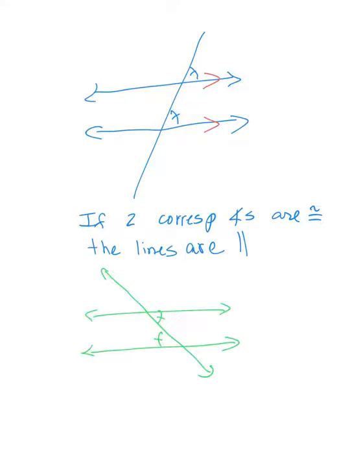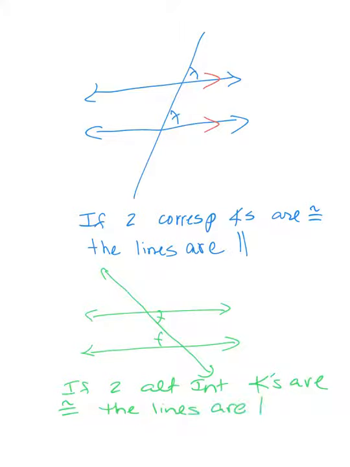So if two alternate interior angles are congruent, the lines are parallel. And that means I can conclude that those two lines are parallel if those two angles are congruent.